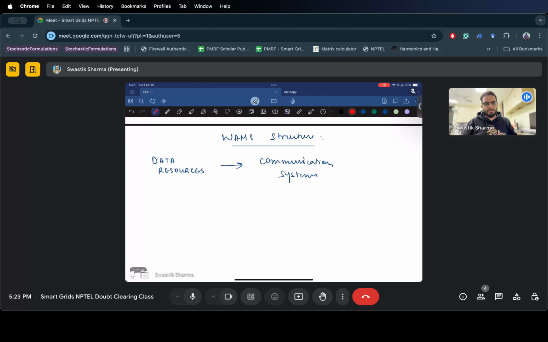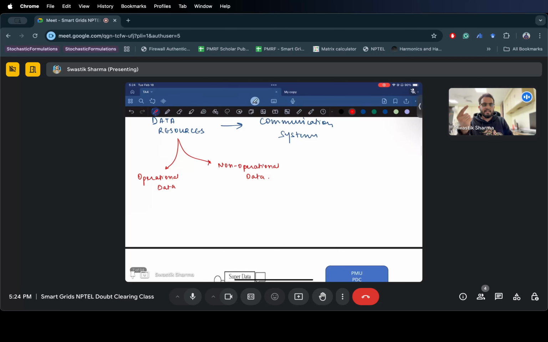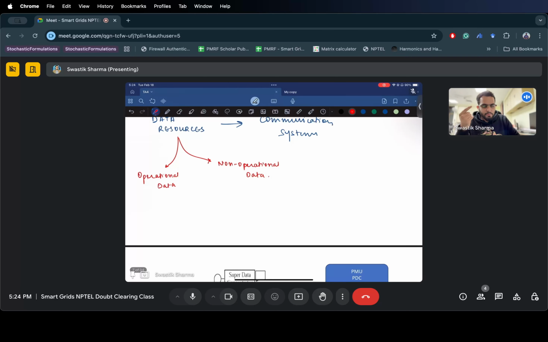Now when I say data resources, there are two kinds of data that come from these WAMs: operational data, and then non-operational data. When I say operational data, you want a continuous stream of data coming. Why do you need continuous data?